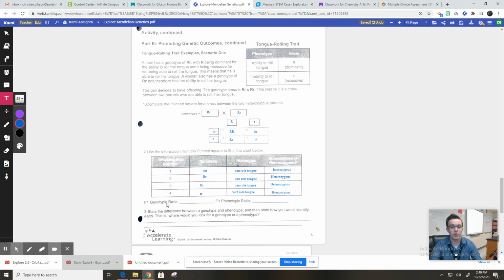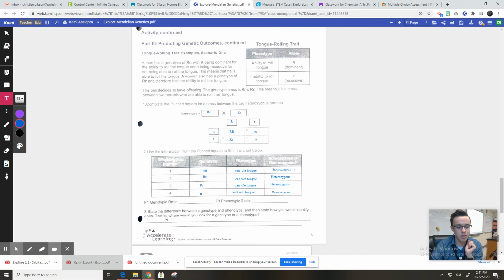Okay. Now, here we go with ratios. The parent cross is usually called the P generation. And the first generation of offspring is called the F1 generation. I'm not sure why we use the letter F, but that's what they use. Okay. And so this is the F1 generation here. And it wants to know, what is the genotypic ratio? So basically a ratio is answering how many of one thing do you have compared to something else.